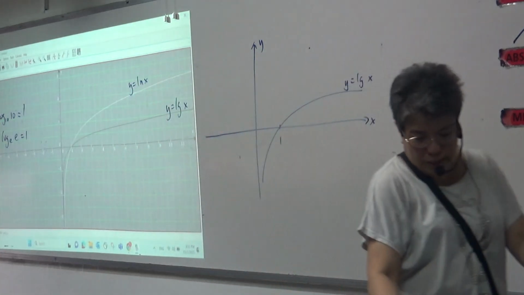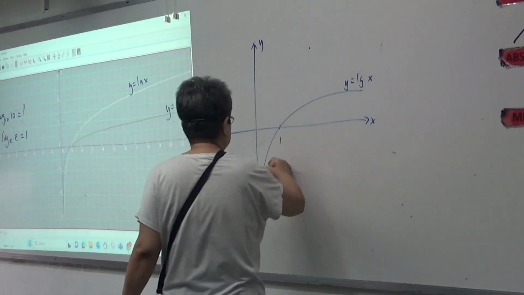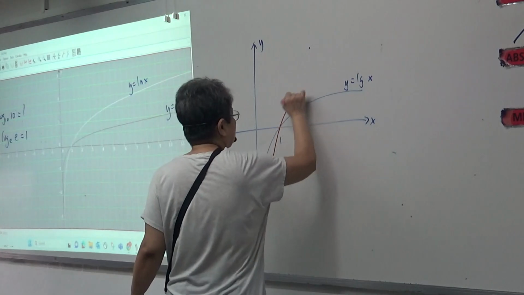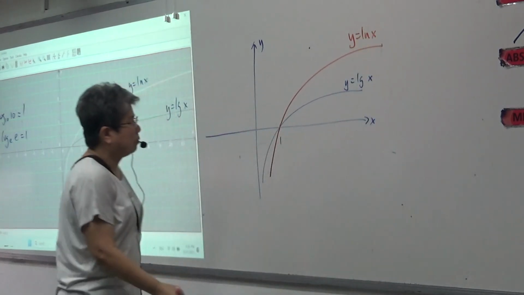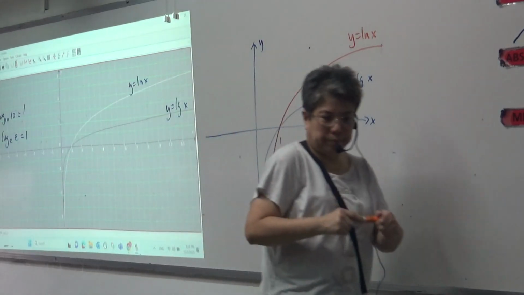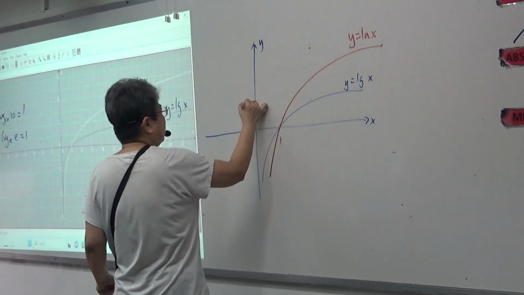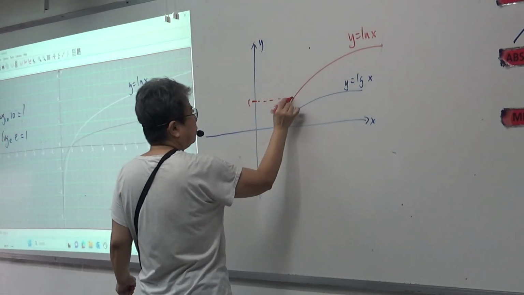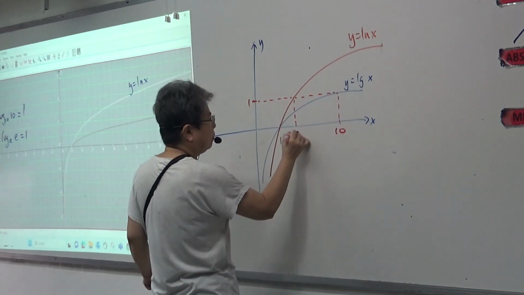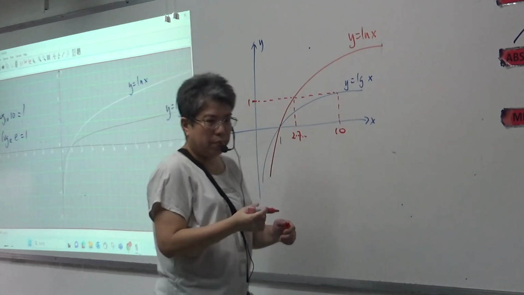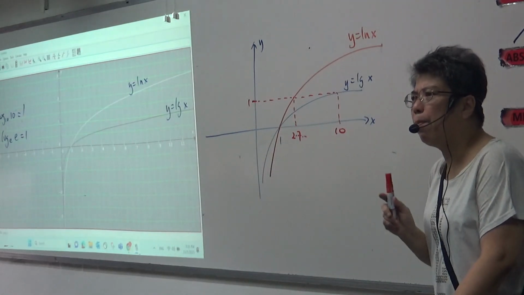Okay, I'm going to use another color for the log x. Now, this is your 2.7 something. All of you look up here first. What points am I looking for?